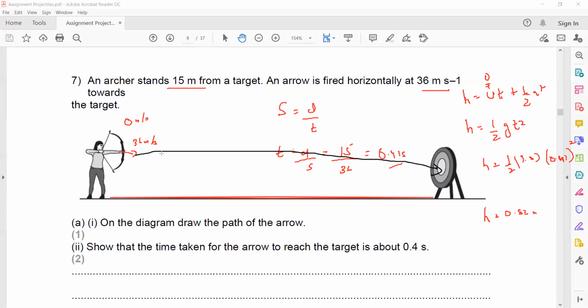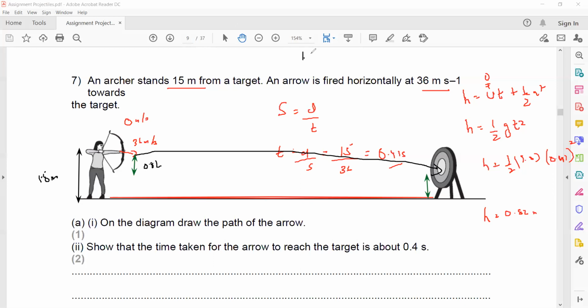But in the question, they did not ask that. They asked the position or the distance of the arrow from the ground. The point where it was released was 1.5 meter. If the arrow covered 0.82 meter from the point where it is released, we just take the difference.